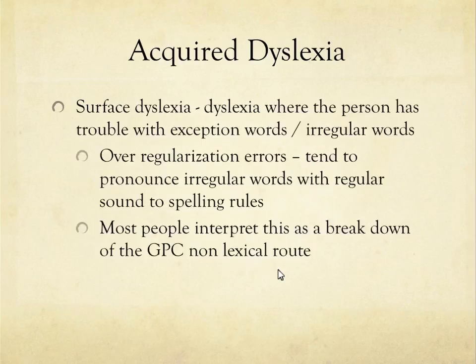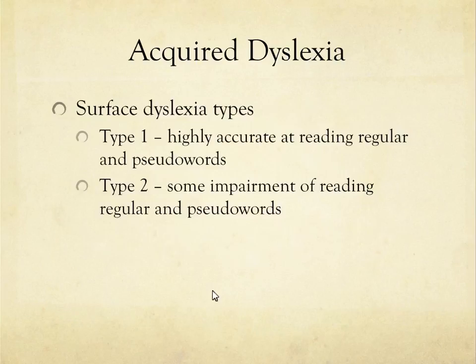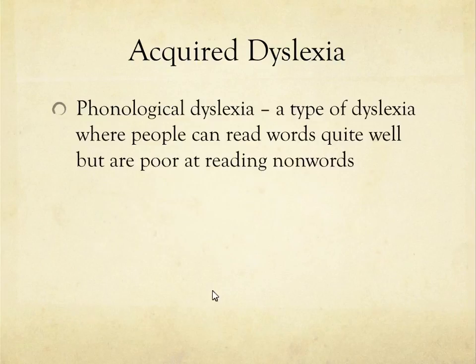So surface dyslexia is really a problem with a lot of the lexical issues. We just say everything is regular, whereas phonological dyslexia is more of a problem with the sound side, where we just can't sound things out.